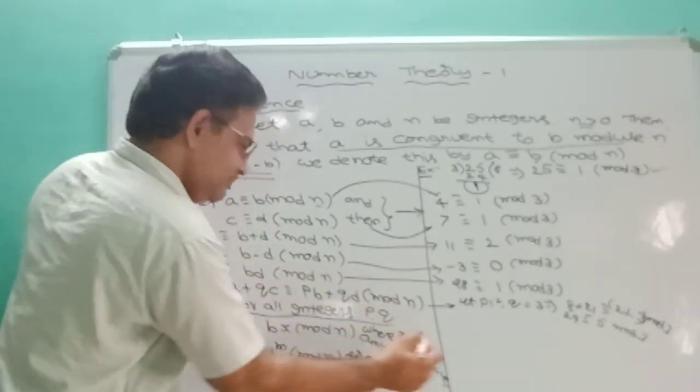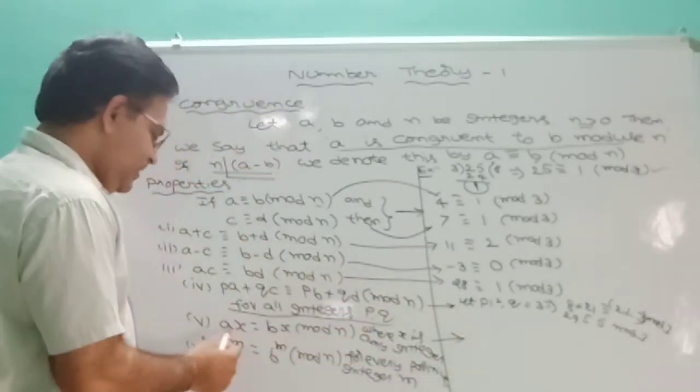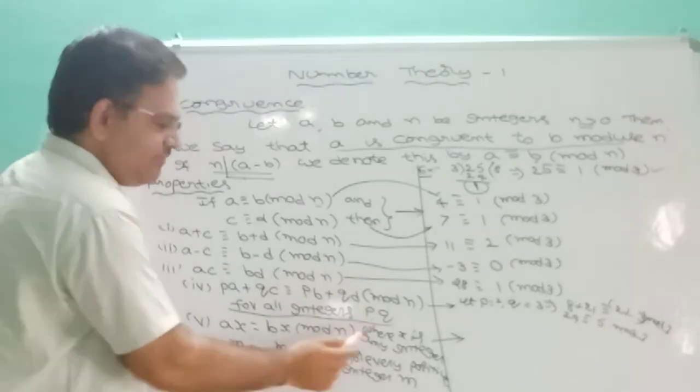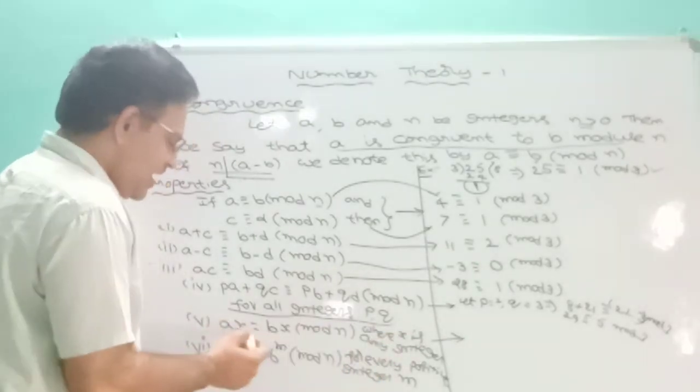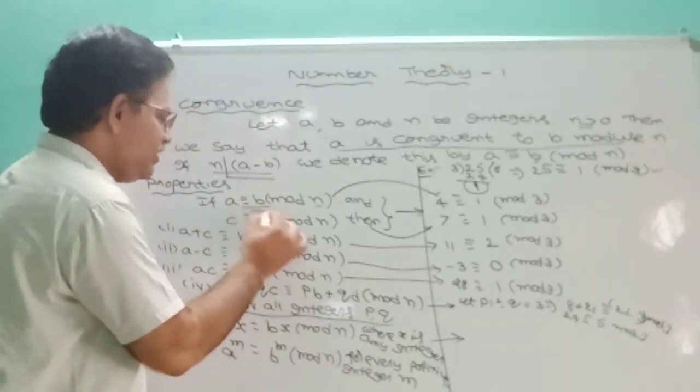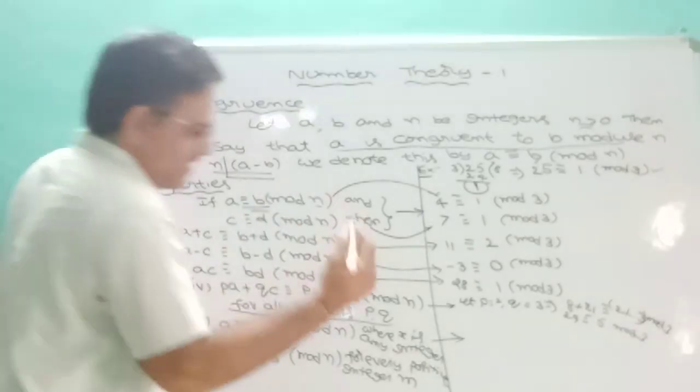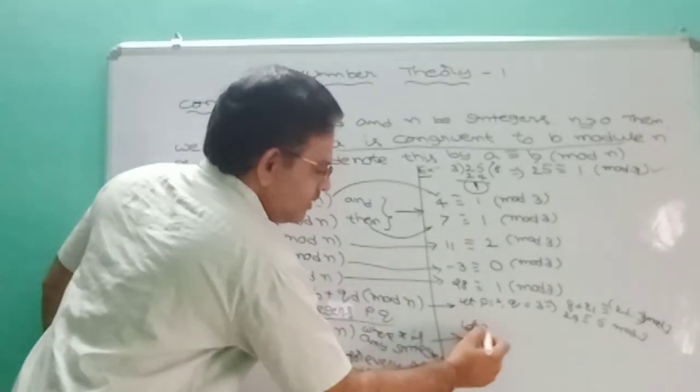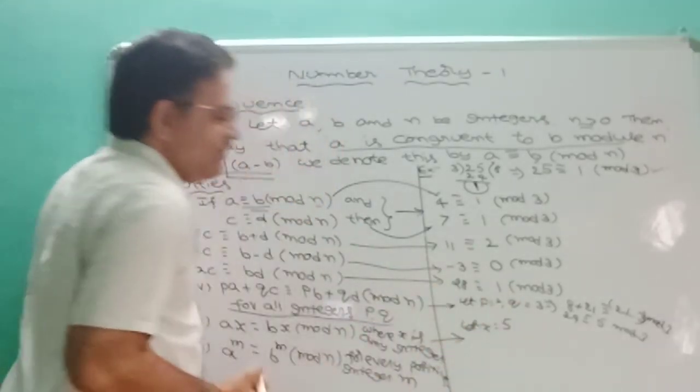Next one: ax is congruent to bx mod n, where x is any integer. If you take any x value, let x be 5.